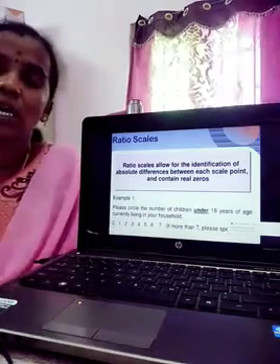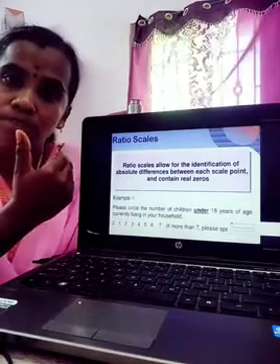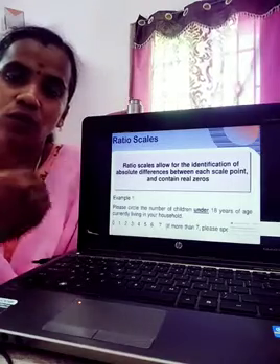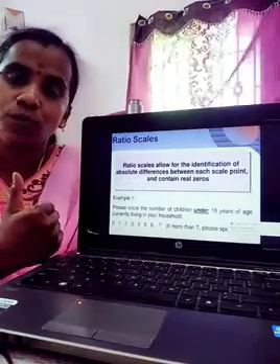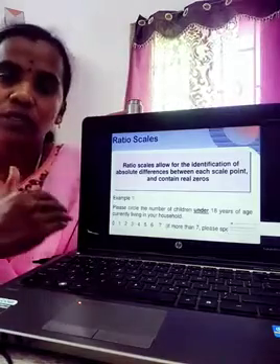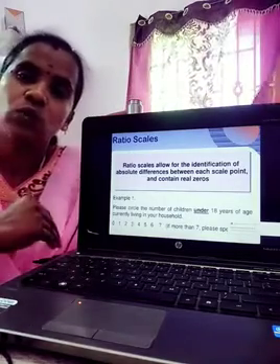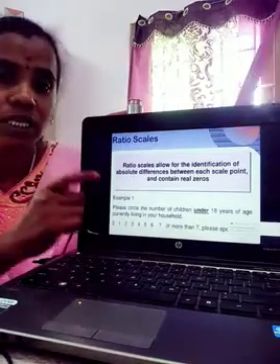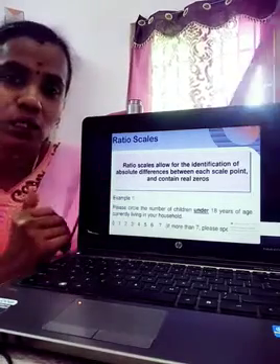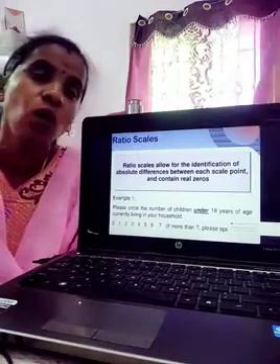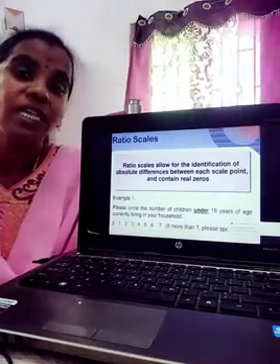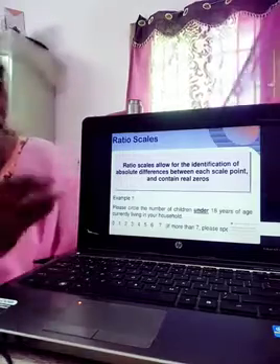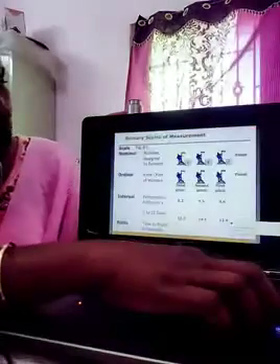In the interval scale it may start from 2 to 5, 3 to 5, 4 to 5, and they can go negative, like minus 1 to 1, minus 2 to minus 5. But ratio scale will not go in the negative direction; it will go positive. Name will be there, order will be there, interval will be there, and it will start from 0. This is the ratio scale.